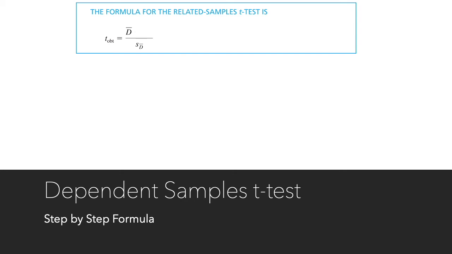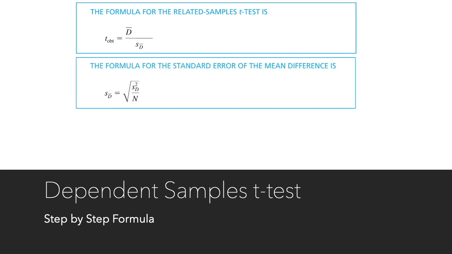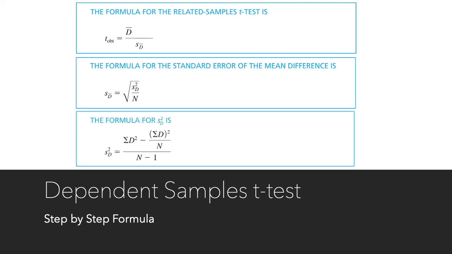The standard error of the mean difference is calculated this way. Standard error of the mean difference equals the square root of the variance of the difference divided by n. How do we calculate the variance of the difference? Like this. The variance of the difference equals sigma d squared minus sigma d quantity squared over n, all over n minus 1. That looks really familiar, right?